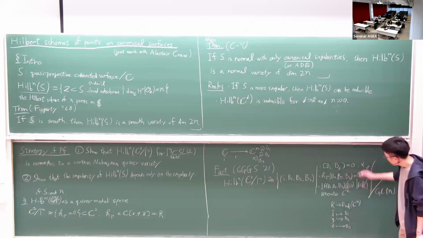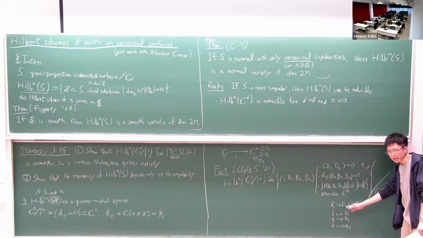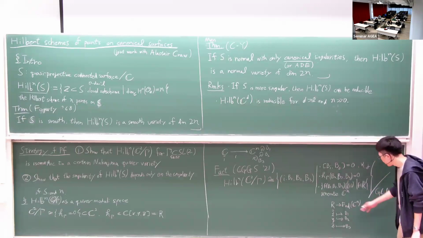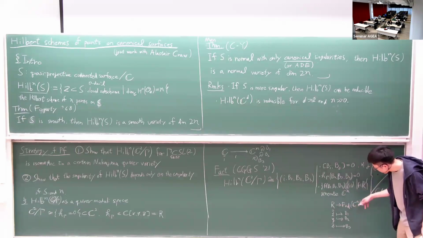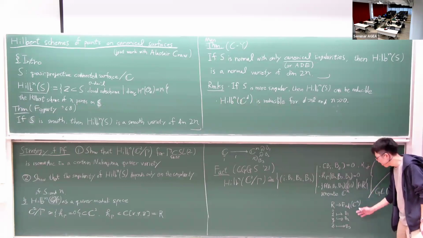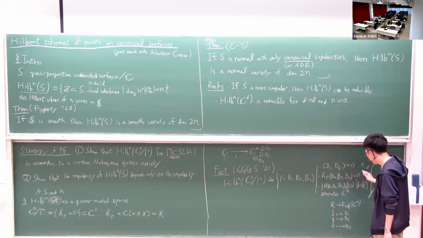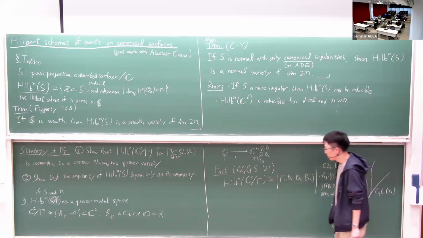So the first two conditions correspond to the well-definedness of this ring homomorphism. For this ring homomorphism to be well-defined, these variables should commute, and also the defining equation should vanish.